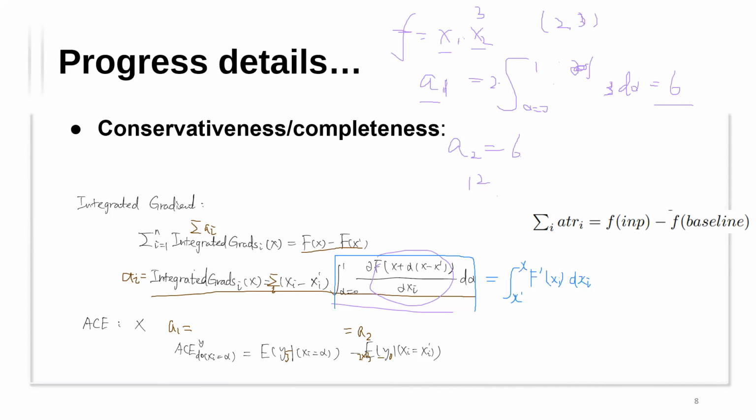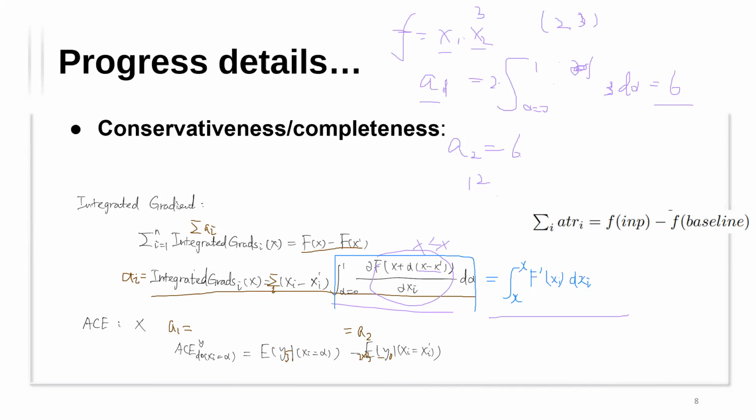Okay. Is that a mistake? It should be x prime minus x. Otherwise, when alpha equals... So yeah, I think it should be. Yeah, I think you're correct.